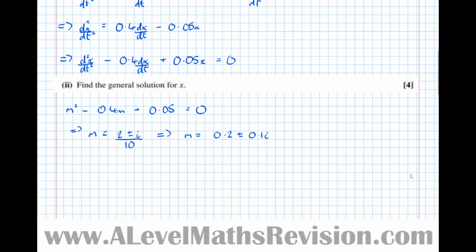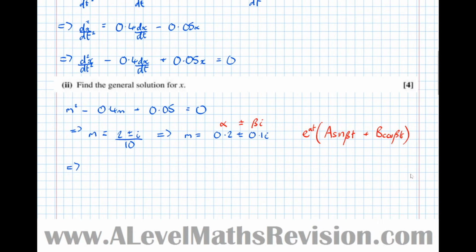So we know that when we've got a solution to the auxiliary equation of this form, alpha plus or minus beta i, the general form of the solution for that is e to the alpha t, a sine of beta t plus b cos of beta t. And that's just something you've got to learn. Again, a justification of why that solution takes that form I've done in one of my previous tutorial videos, so if you want to see a proof, have a look at the previous video.